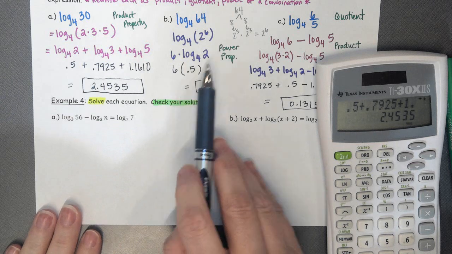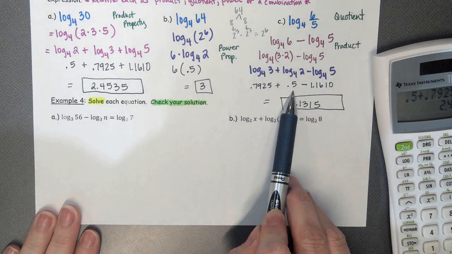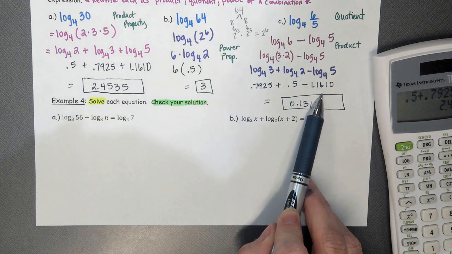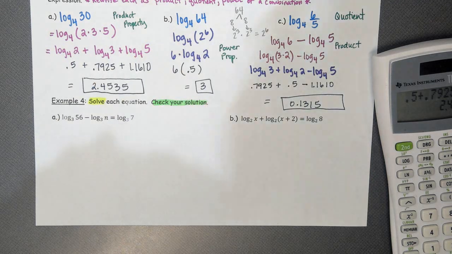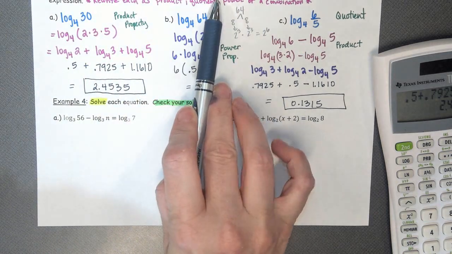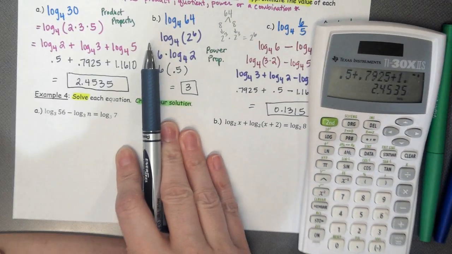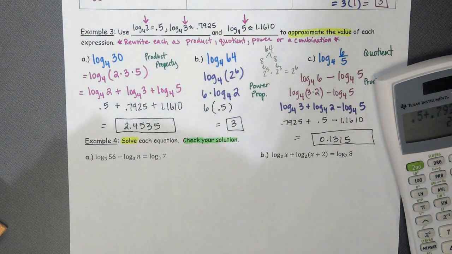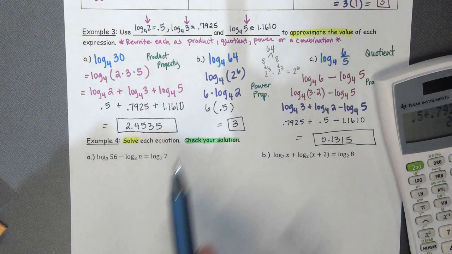Yeah, you're just doing 6 times a half. This plus 0.5 minus 1.16. You shouldn't be plugging any logs into your calculator. So they're going to give you what the decimals are, and then that's why you're rewriting them using only these numbers. You can't use whatever you want. You have to manipulate it with what they've given you.